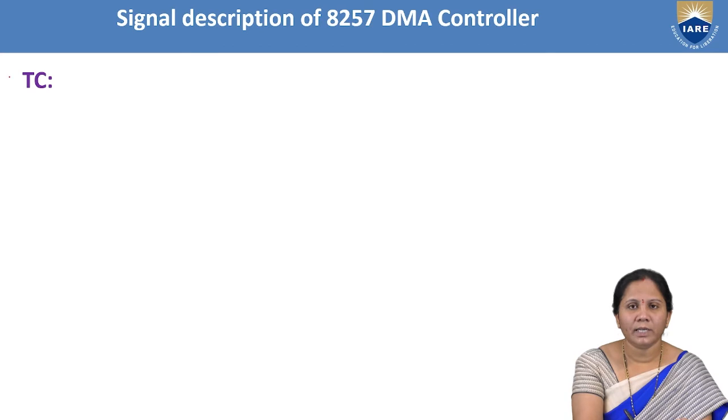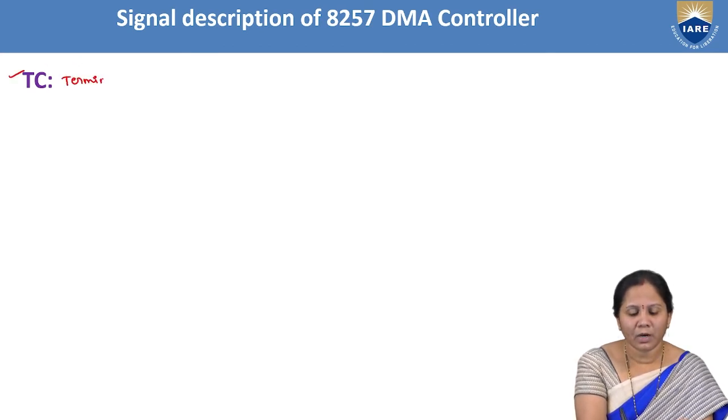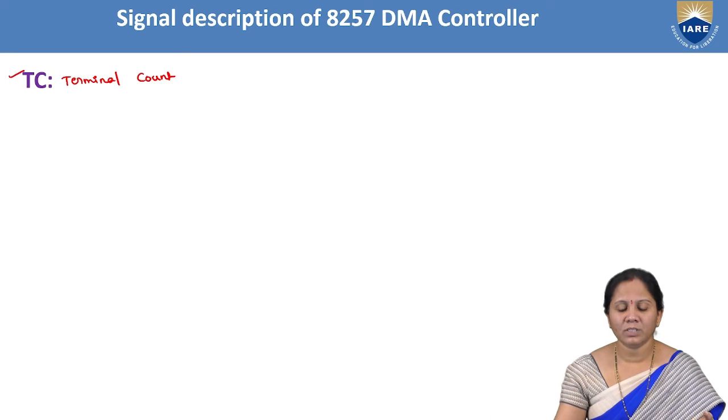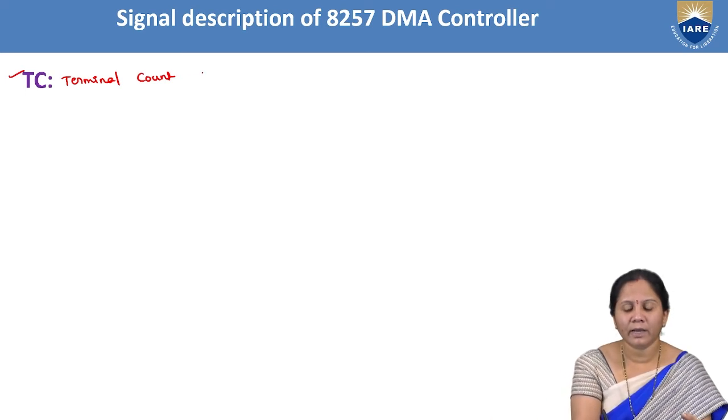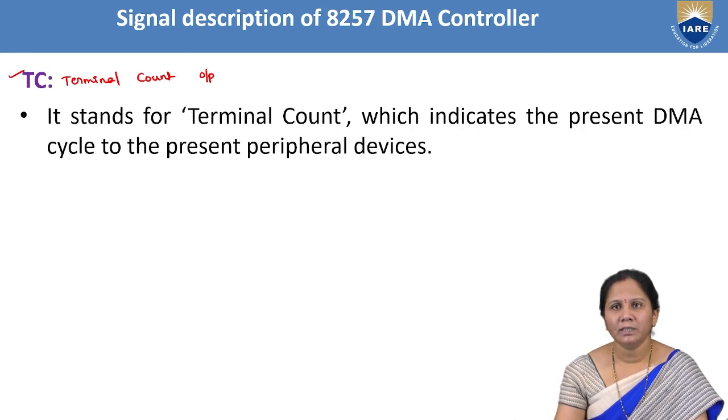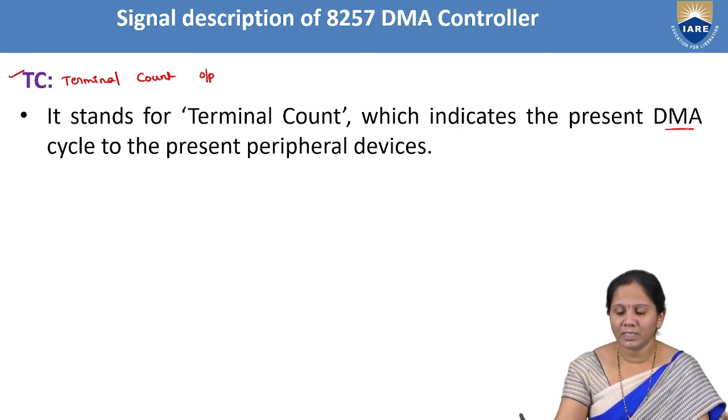The next signal, TC, represents terminal count. Generally it is active high, and it is an output signal. When this terminal count is enabled, it indicates that the total number of DMA cycles have been completed.